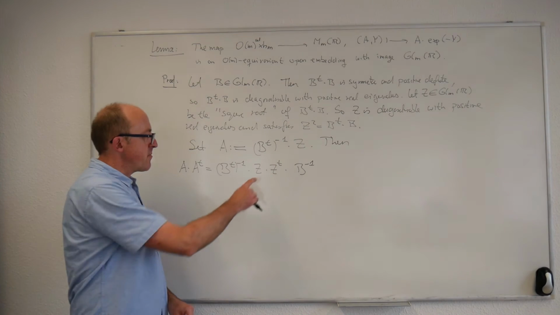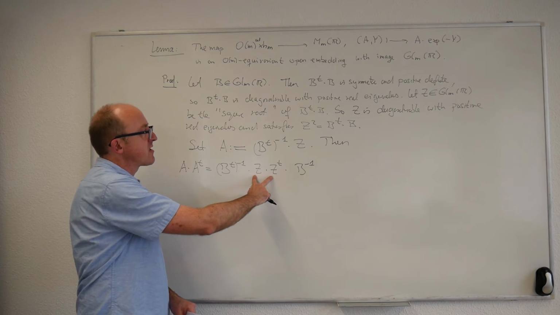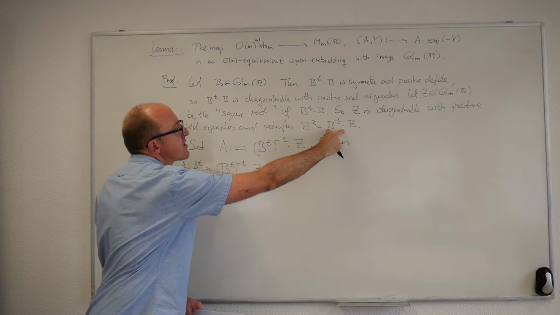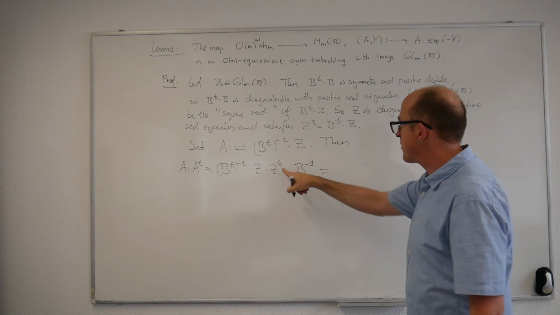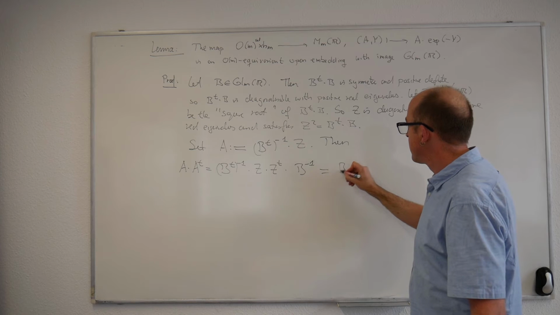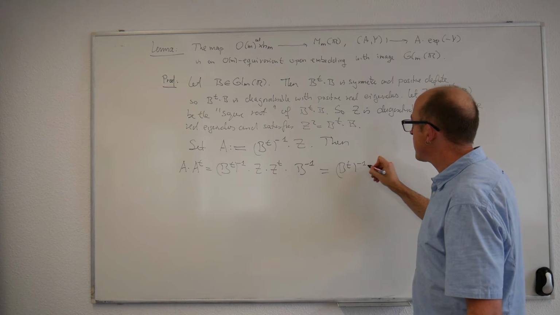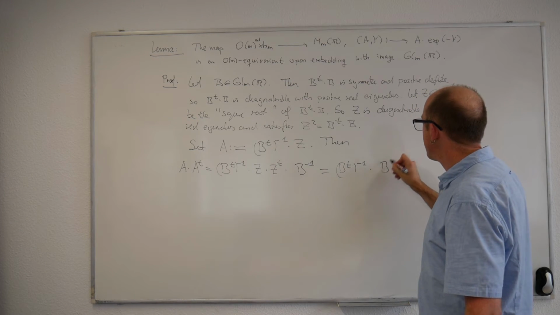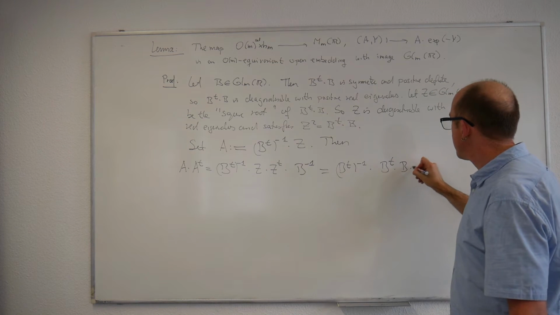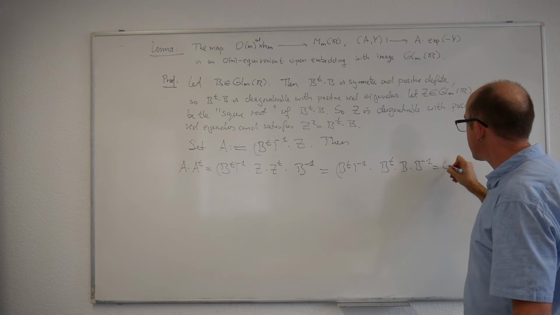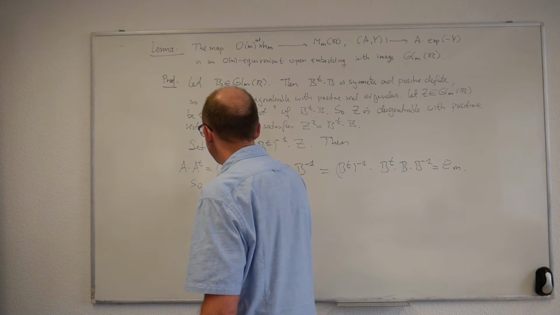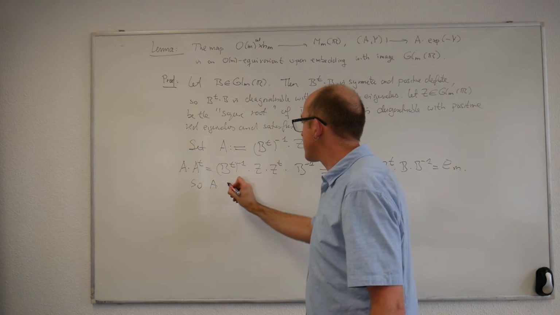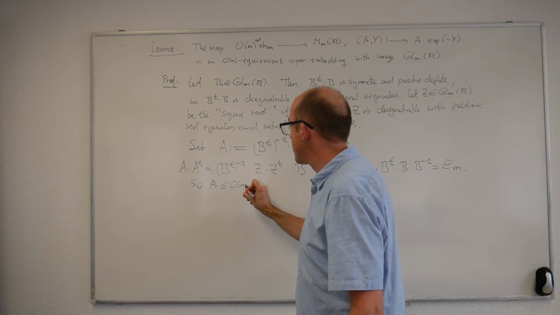But Z was symmetric, so in particular Z transpose is equal to Z, and also Z squared was B transpose times B. So we just substitute this expression and note that Z transpose is Z. So this is B transpose inverse times B transpose times B times B inverse, and this is the identity matrix. So we conclude that A, as defined up here, is really an element of the orthogonal group.